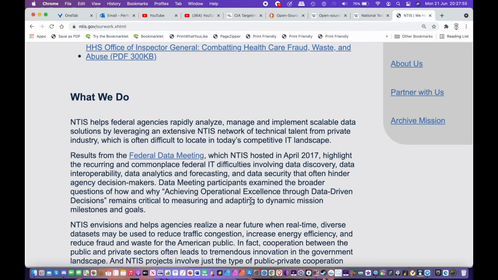Results from the Federal Data Meeting, which NTIS hosted in April 2017, highlight the recurring and commonplace federal IT difficulties involving data recovery, data interoperability, data analytics and forecasting, and data security that often hinder agencies' decision makers.